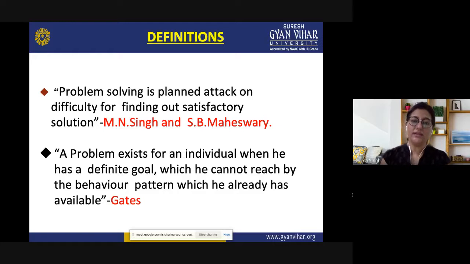So this is why it is a problem: he is not able to reach his goal because of the behavioral patterns which are already existing. Now he has to adopt some other ways, some other routes, so that he can reach that definite goal.